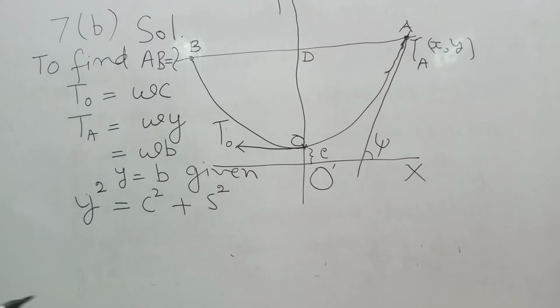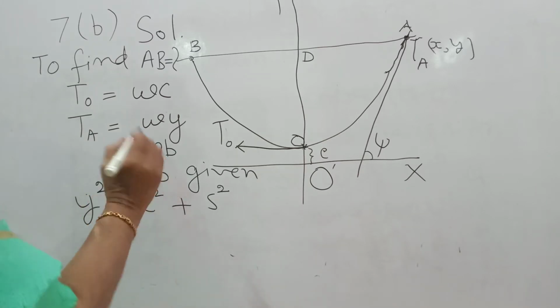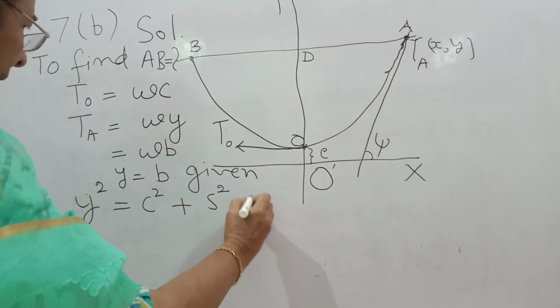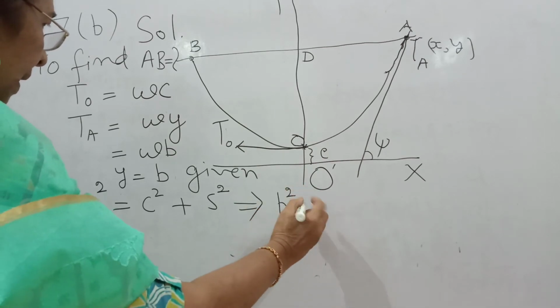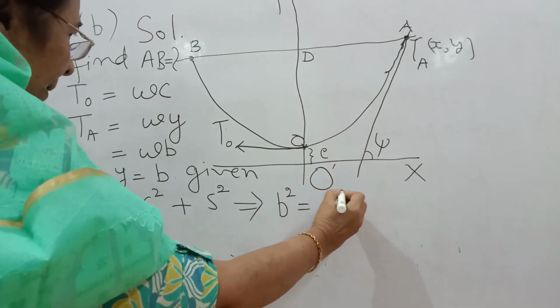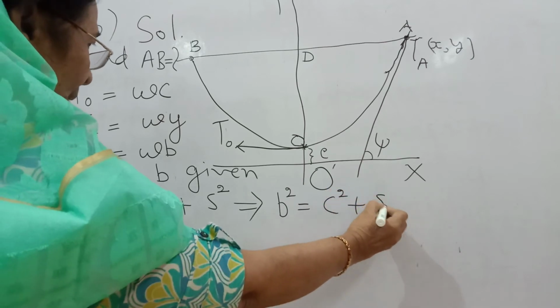If you put y equal to b, this will imply b square is equal to c square plus s square.